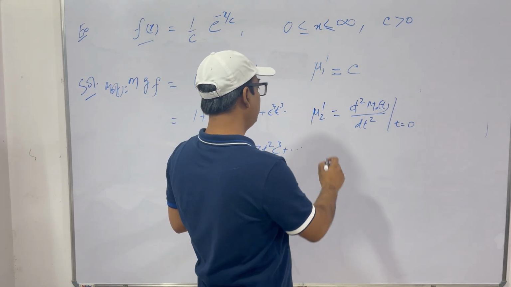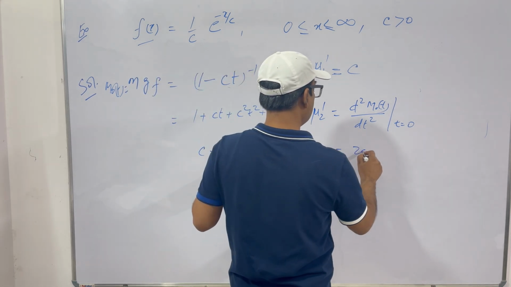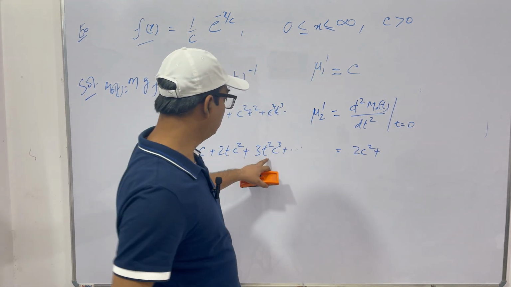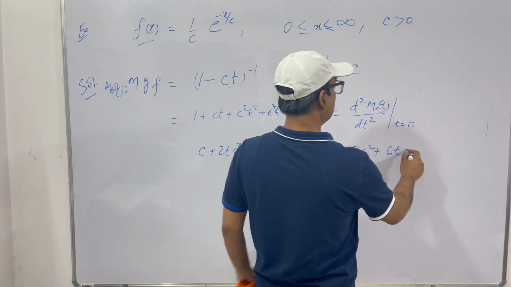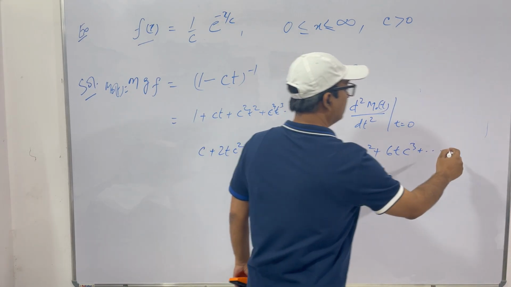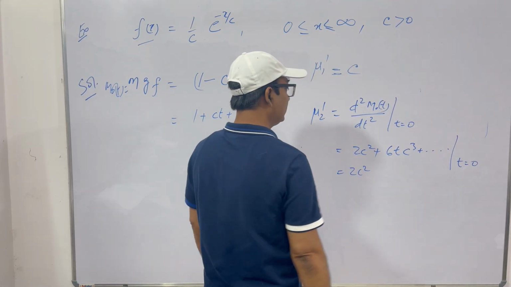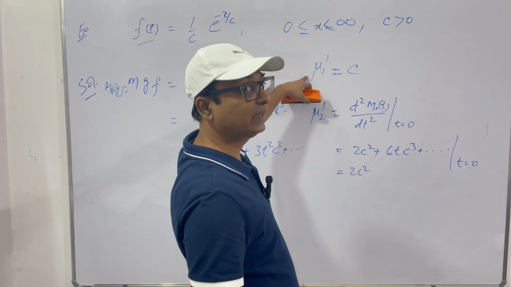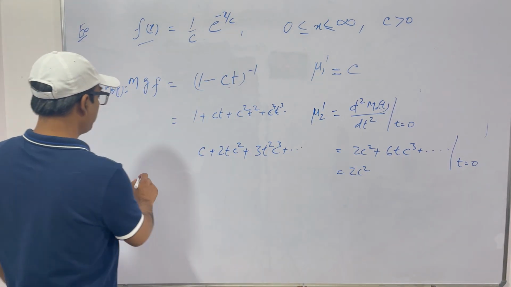The second derivative will be, this term will be 0, this term will be 2c square plus 3 into 2, which is 6, and so on, at t equal to 0. So this is 2c square. So we have got the values of mu1 dash and mu2 dash, and this is our MGF.